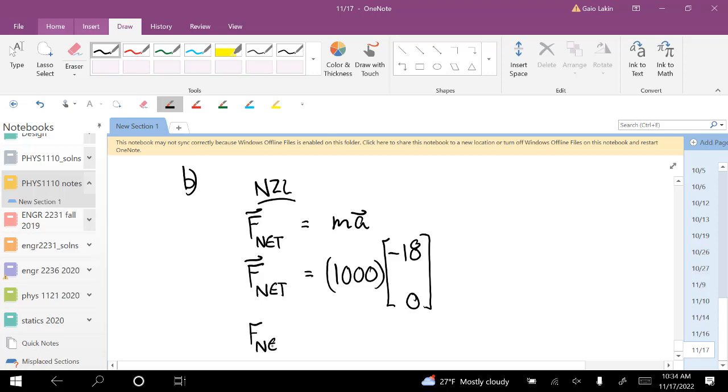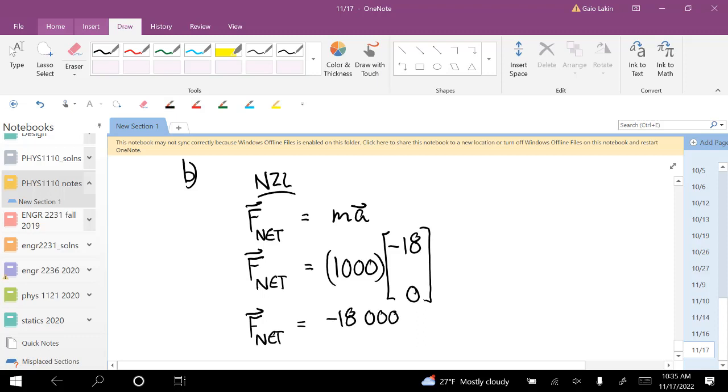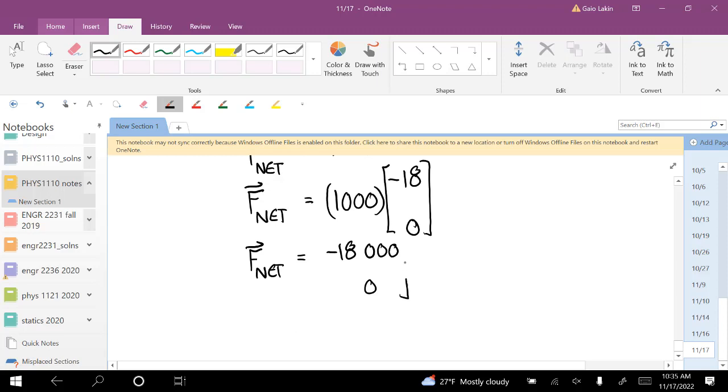And so F net at that instant is equal to negative 18,000 newtons, and then 0 for y. And F net then is made up of all those individual forces, but we didn't have to deal with that in this problem. Any questions about that?